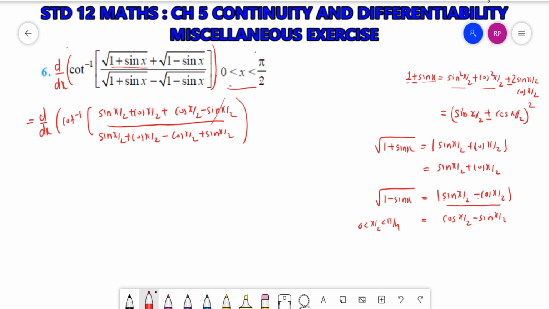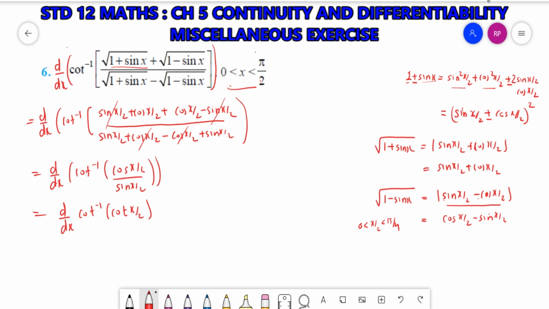Okay, so sin x by 2 gets cancelled in the numerator, and in the denominator cos x by 2 gets cancelled. So d by dx of cot inverse of cos x by 2 upon sin x by 2, this will be equal to d by dx of cot inverse cot x by 2.